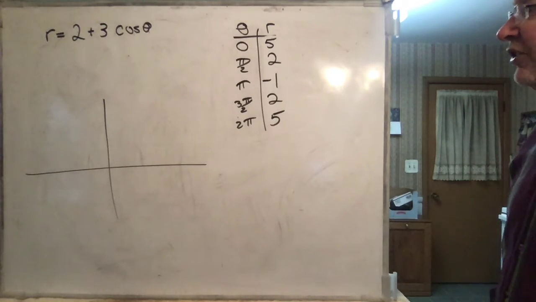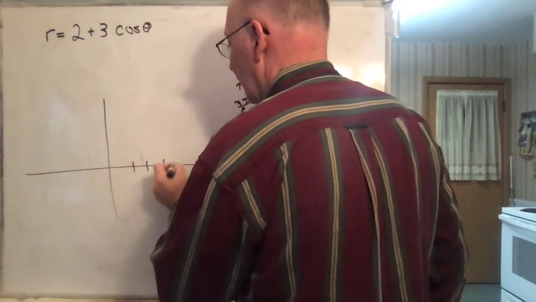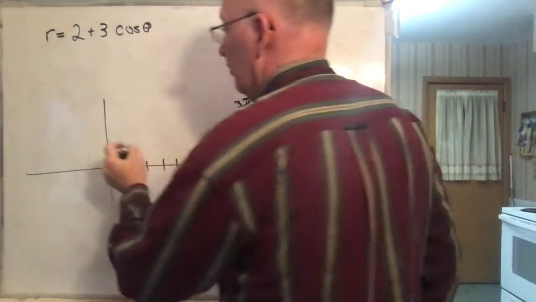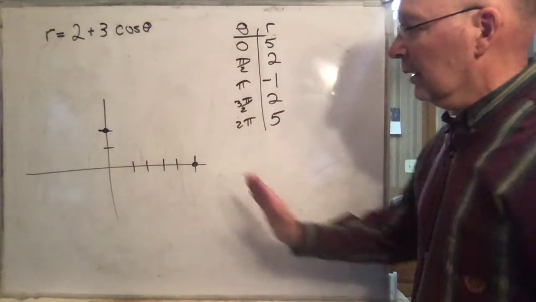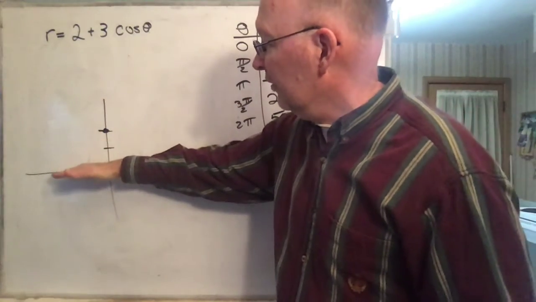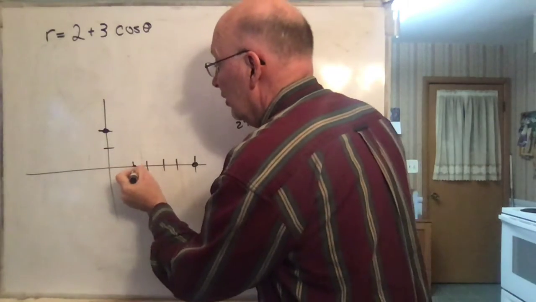The real challenge is, what's the graph going to look like? It's going to go through 1, 2, 3, 4, 5. It's going to go through there. It's going to hit this point. By the time you get to pi, see this? By the time you get to pi, it's going to be at -1, which means instead of being in this direction, it's going to be in this direction.